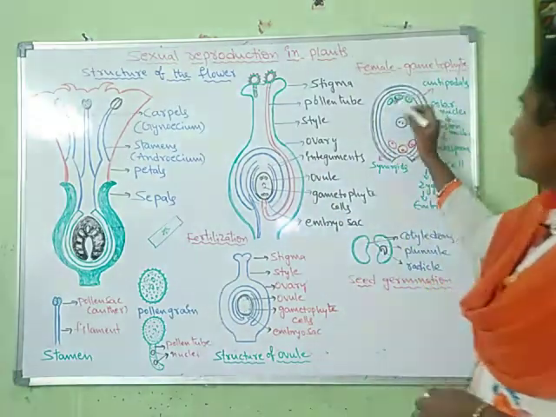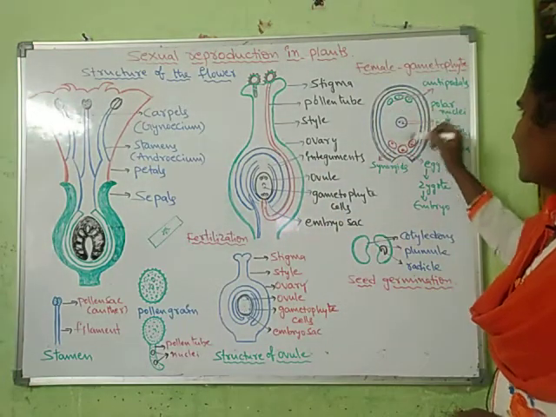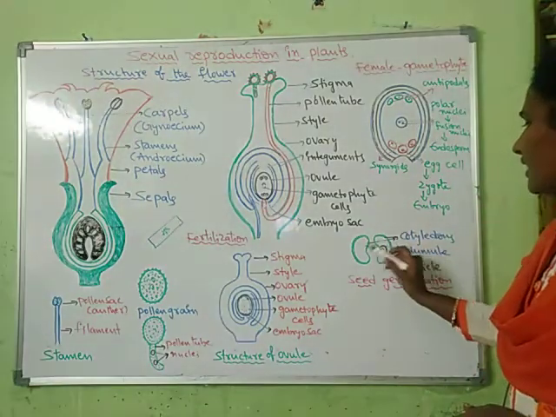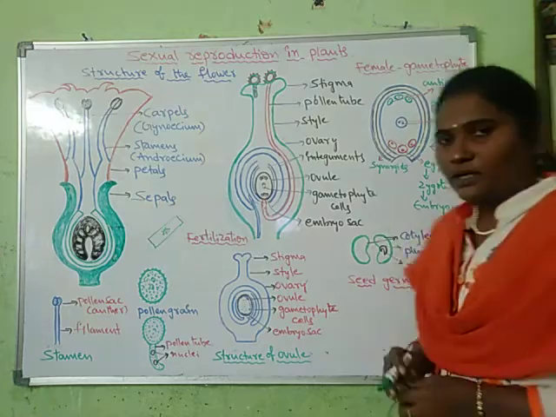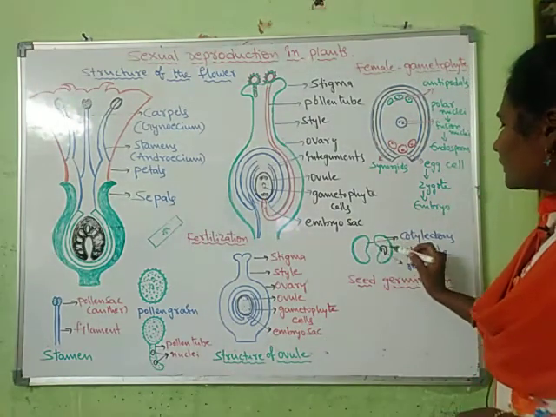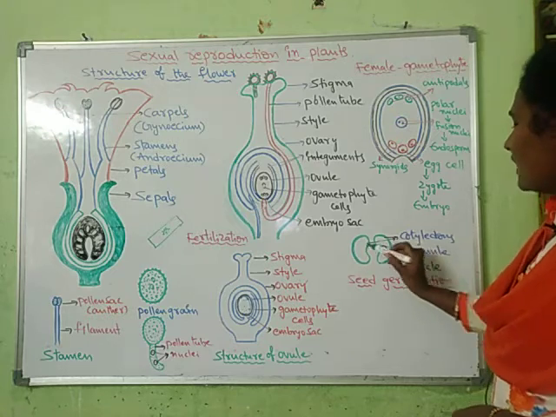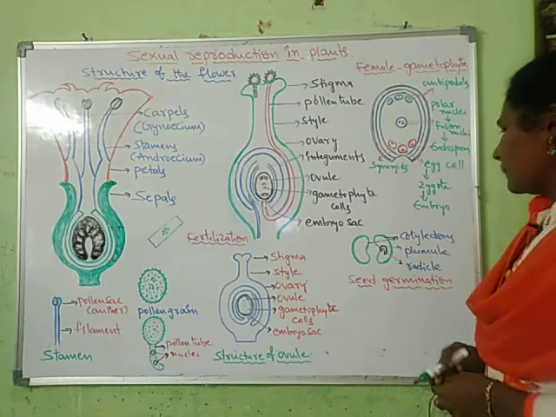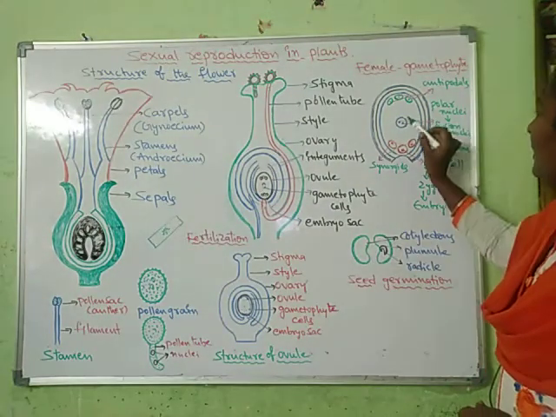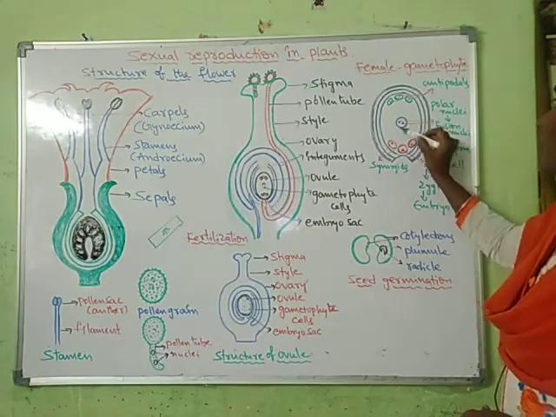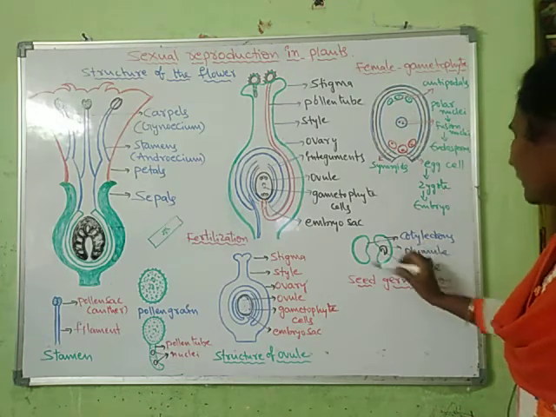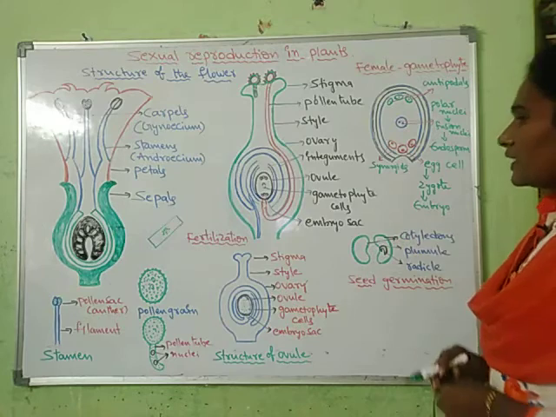This embryo contains one or more cotyledons, an epicotyl and a hypocotyl. The epicotyl and hypocotyl are parts of a rod-like axis attached to the cotyledons. The cotyledons digest and absorb the endosperm and make stored food material for the development of the epicotyl and hypocotyl.